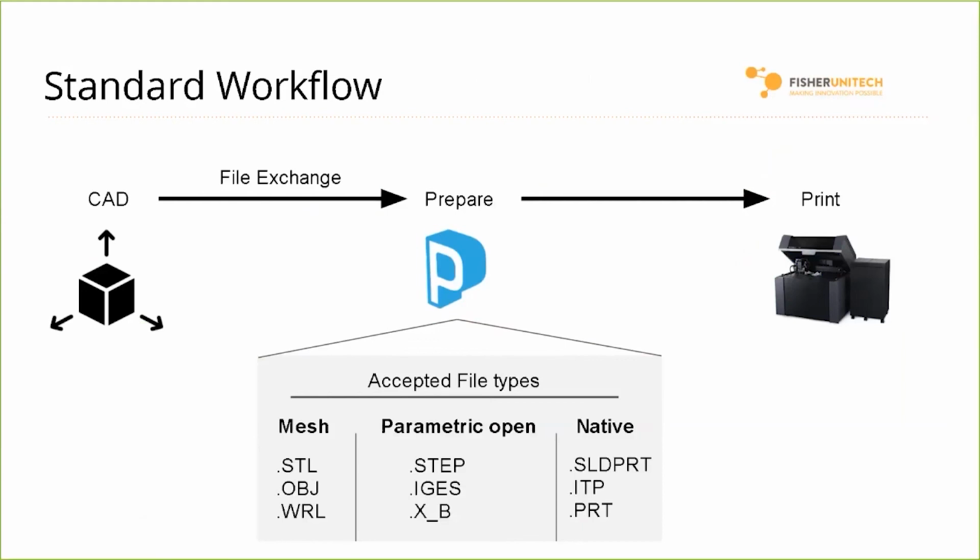You have parametric formats like STEP, IGES, or Parasolid. Those are parametric open file extensions, and then native file extensions. I believe there are more than just these, but SolidWorks and Inventor and NX and Creo, you can bring in native part files or native assembly files, and it will bring it into your workspace.